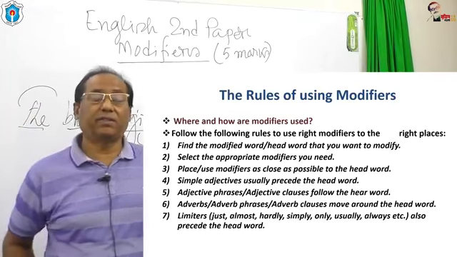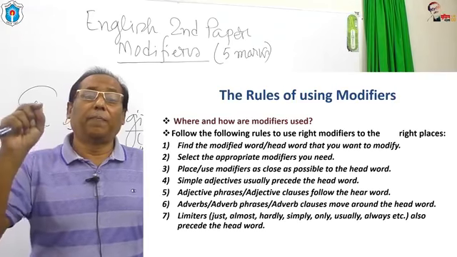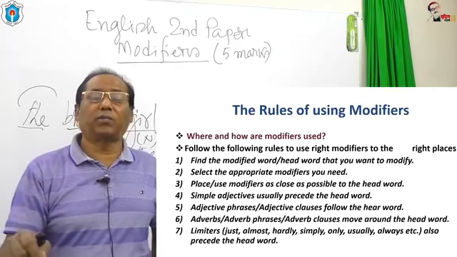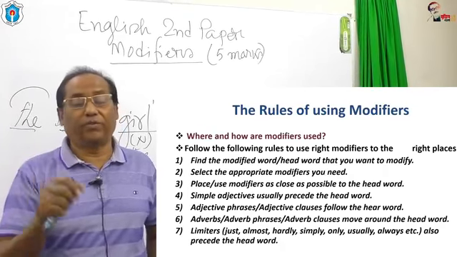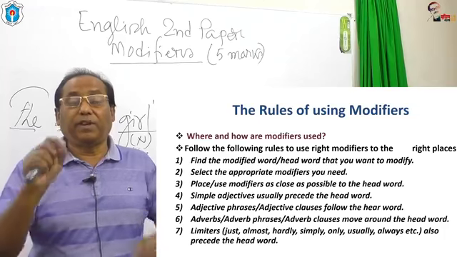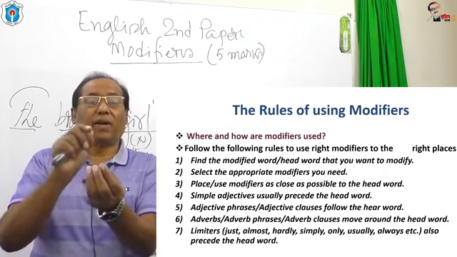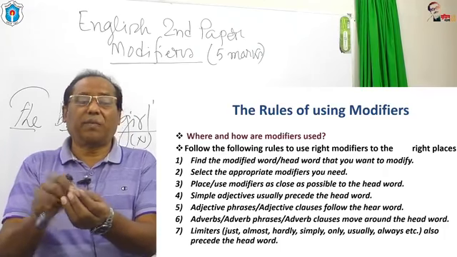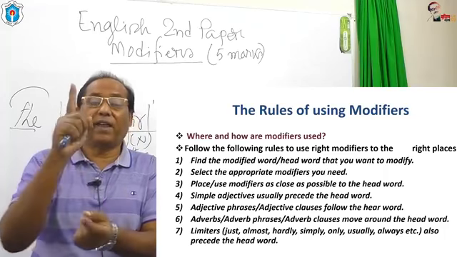It is that use the modifier as close as possible to the word that you want to modify. It means you must insert the modifier just very closely, either before or after that head word.